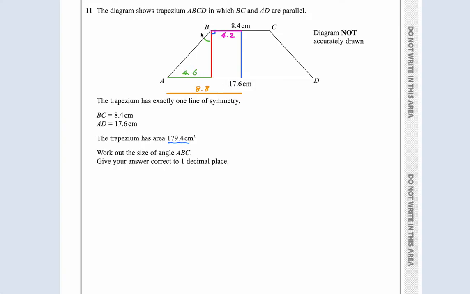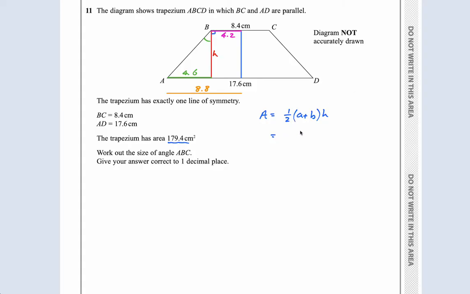Okay, great. To find this length, this red length, let's call it h, because it's like the height of the trapezium. I'm going to use the area of a trapezium that they've given me. Now the area of a trapezium is equal to a half (A plus B) H. This is in the formula booklet, or the formula sheet.